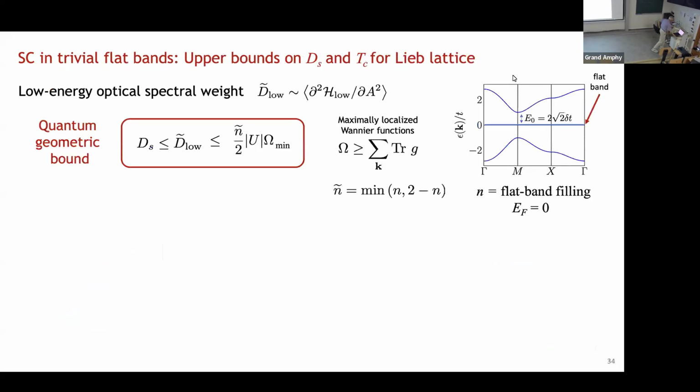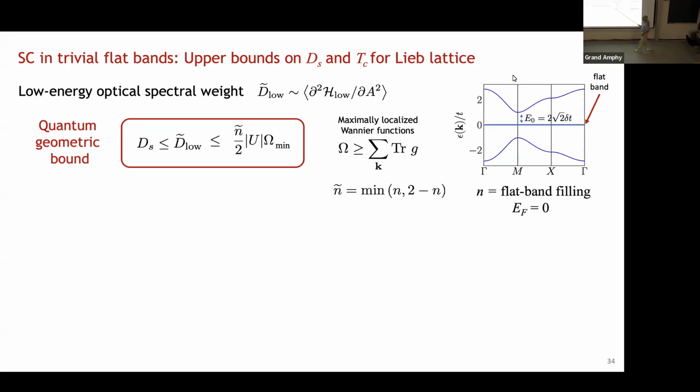Okay, and so we get an upper bound on the stiffness, which is now very intuitive to understand. Stiffness is an energy scale. The only energy scale is U. There's no other energy scale in the problem. Stiffness must vanish when the flat band is completely filled or completely empty, because then it's a band insulator.